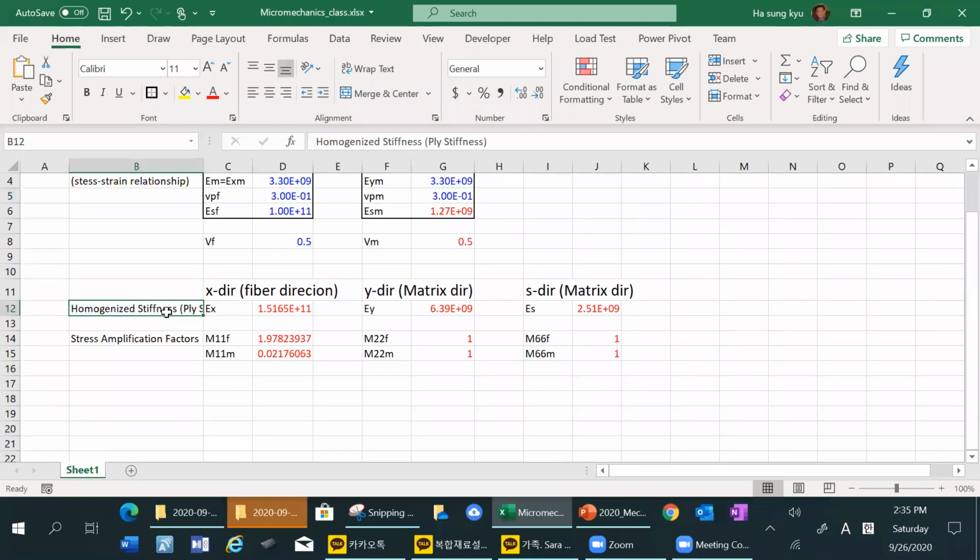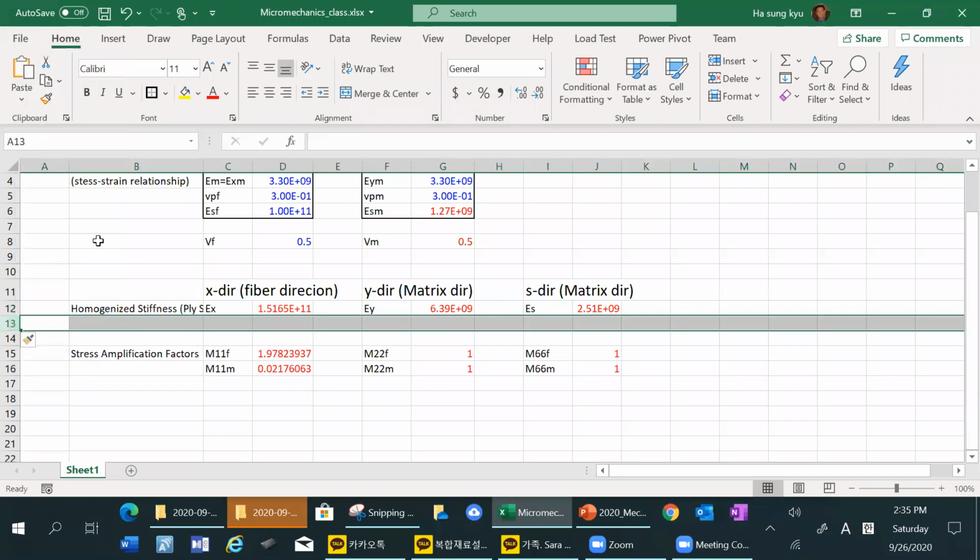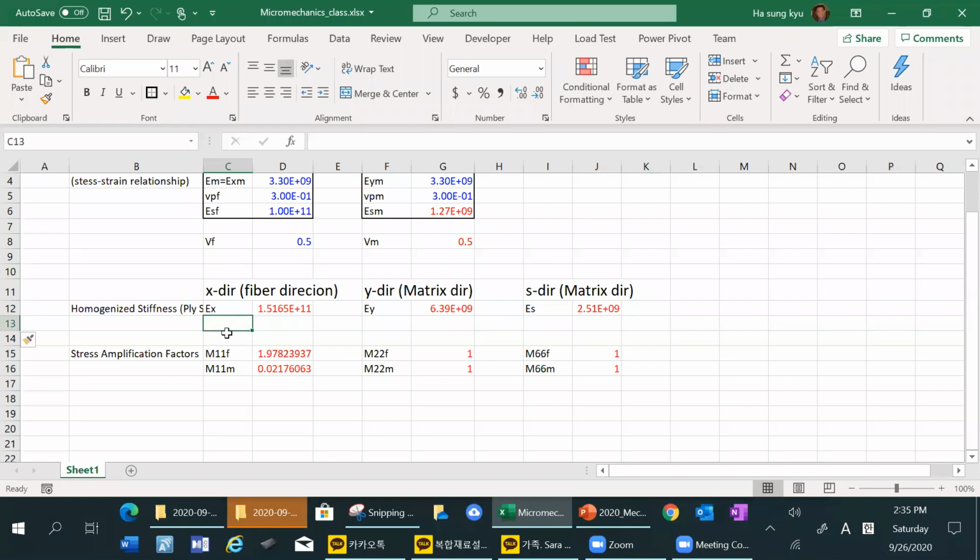And for the homogenized stiffness, there are only three terms, but I would like to add here the Poisson's ratio mu x, what we decided to call Poisson's ratio x.